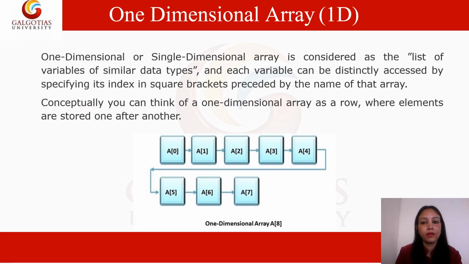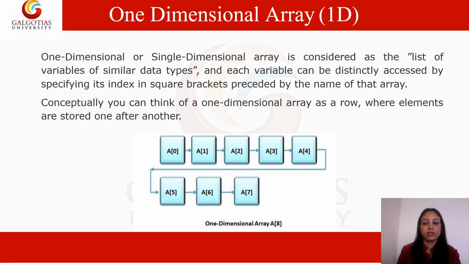So here is the one-dimensional array, as you all can see on your screen, and we also call it a 1D array. So what is this one-dimensional or 1D array? Another name of this one-dimensional array is single dimensional array.